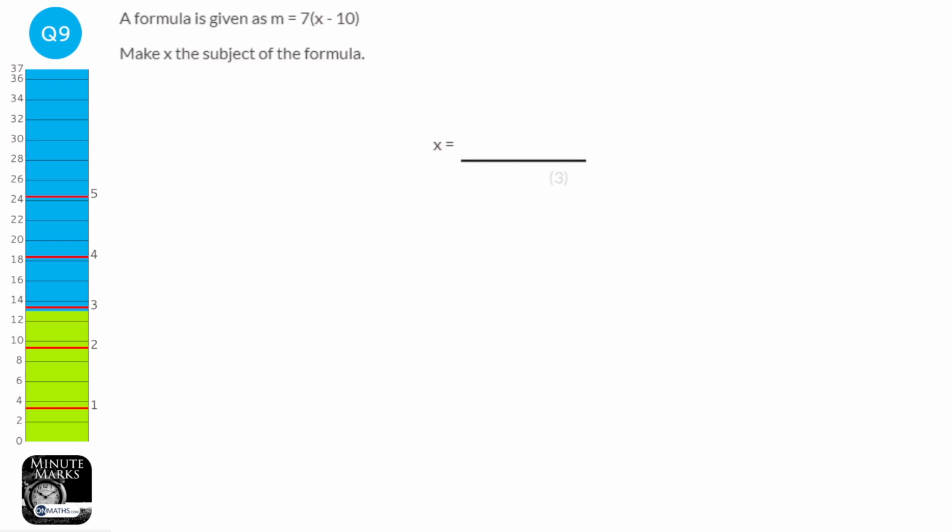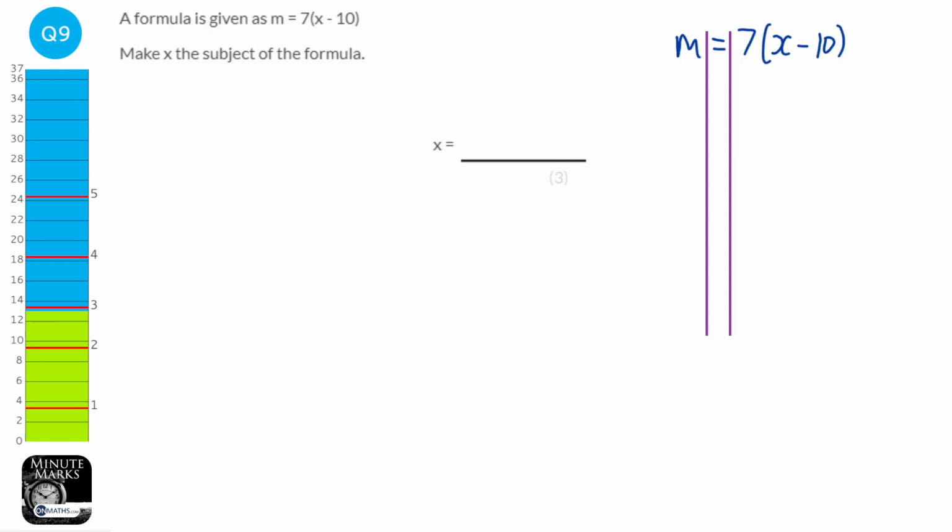So we're going to start just by writing this out. m equals 7 brackets x minus 10. And we're going to put our solving lines in. I'm going to start by expanding the brackets. We don't need to, we could divide both sides by 7, but I think this is a bit easier.